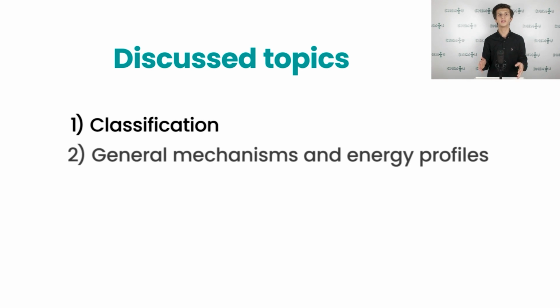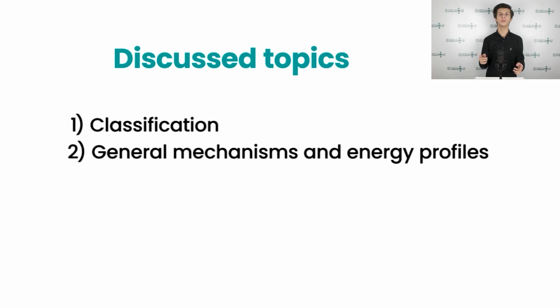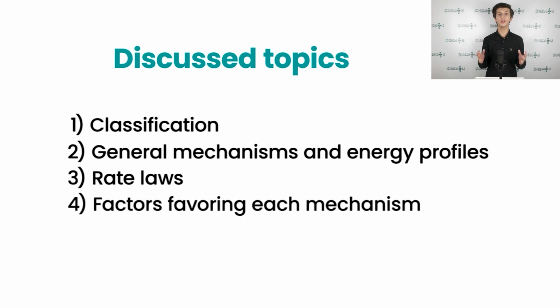We have evaluated the general mechanisms of E2, E1 and E1CB, and afterward inspected corresponding energy profiles. This gave us enough information in order to clarify their rate laws. In the last part of today's lecture, we have discussed in detail which factors and why favor each of these mechanisms.